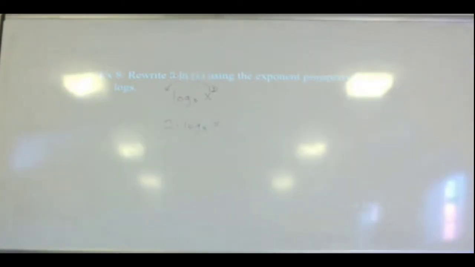All right, how about this one? This one we're using the same property, but notice that this one is written differently. There's no exponent here, but do you see that we have 4 times natural log of x? So what could we do with that? X to the power 4.